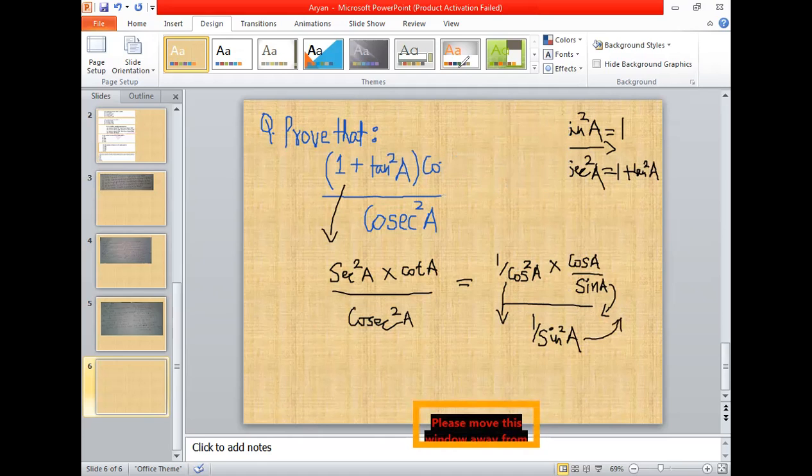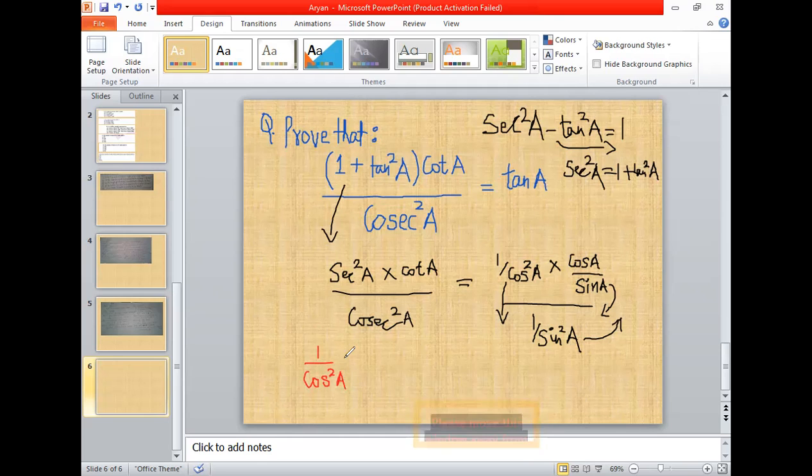So now you can rewrite this given equation as 1 by cos square a into cos a, sin a in the denominator, and sin square a in the numerator.